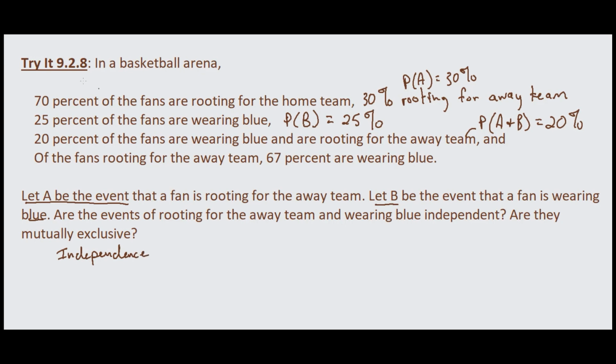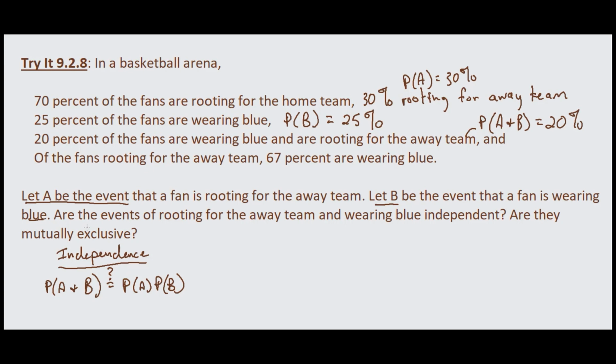Well, we know that if two events are independent, the probability of A and B, in this case we're using A and B just like in our formulas, so the probability of rooting for the away team and wearing blue, is going to equal the probability of rooting for the away team times the probability of wearing blue.